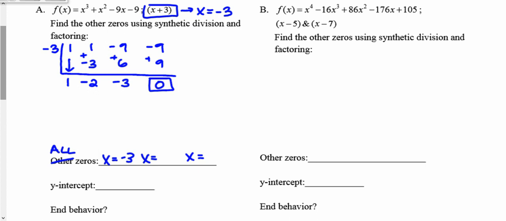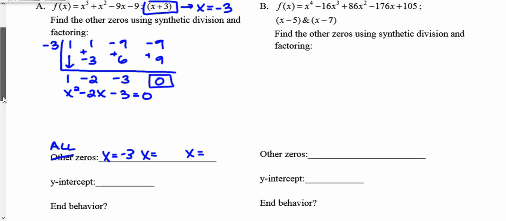Now, the reason we want to do synthetic division is that we want to get this to a quadratic. So it started with a cubic, and remember synthetic division knocks off 1 degree. So this answer is actually 1x squared minus 2x minus 3. And the reason that that's so helpful is that we can factor a quadratic.